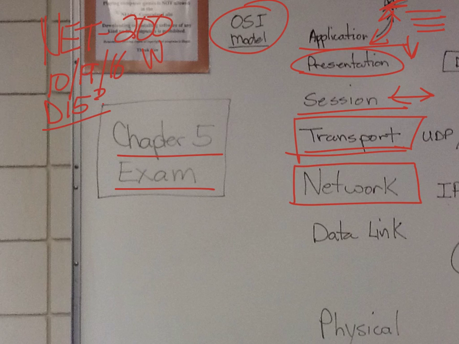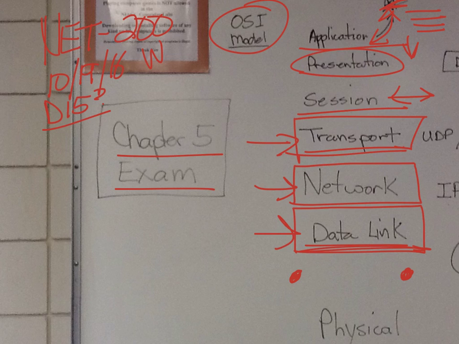So we go from a segment to a packet, we encapsulate it, and then how to get it from one specific place to another. So that's the data link. We also then create what we call a frame.